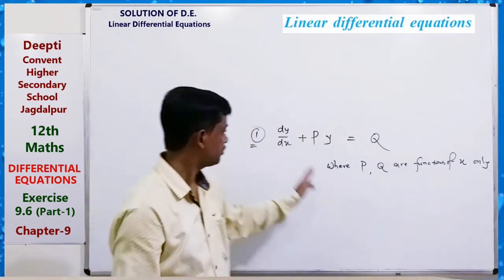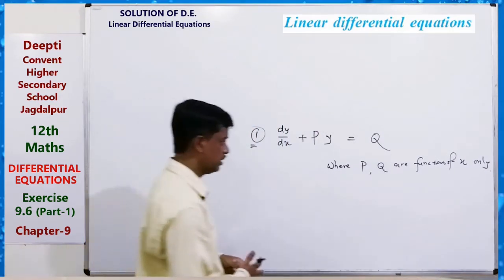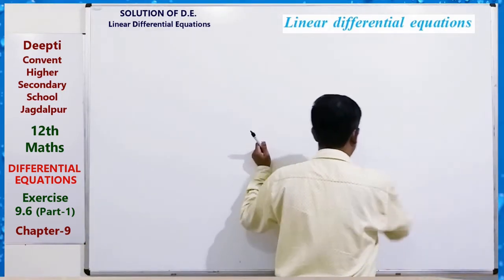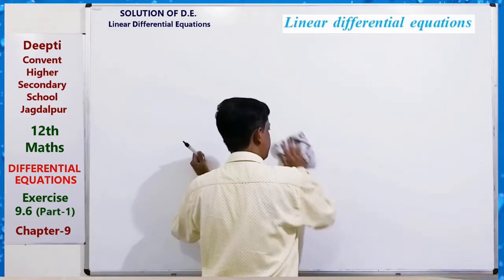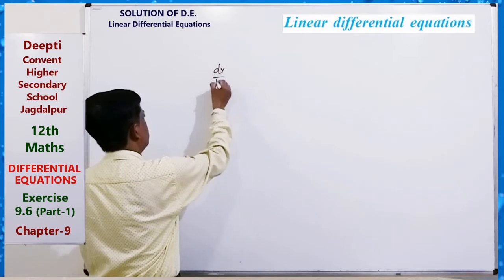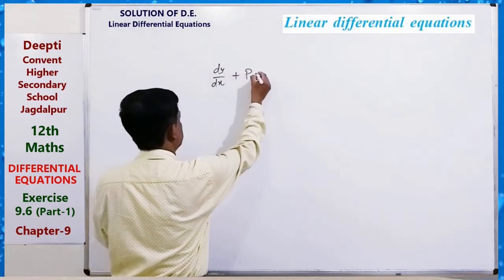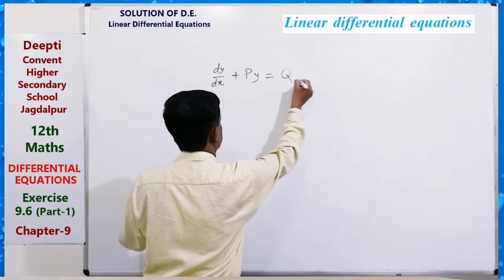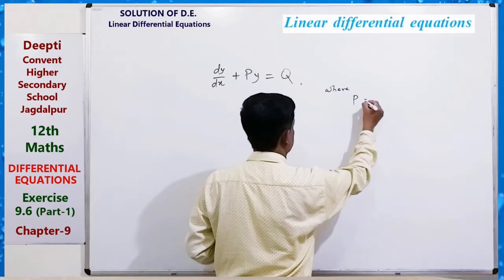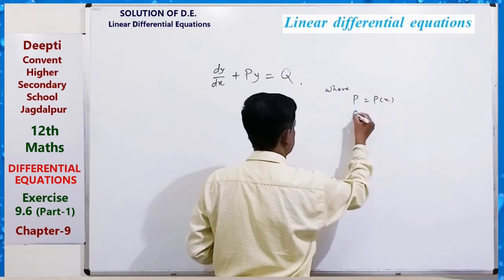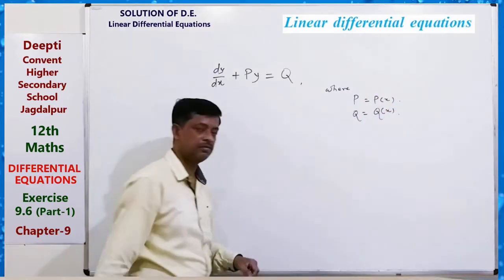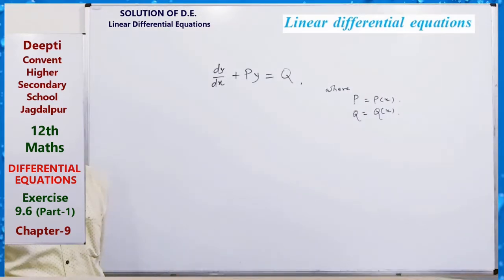Suppose this is the differential equation: dy upon dx plus p y equals q, where p is a function of x and q is a function of x only. Clear? Only function of x.